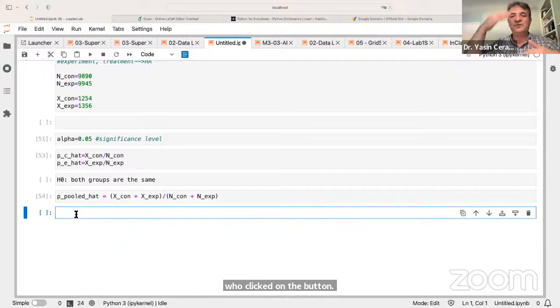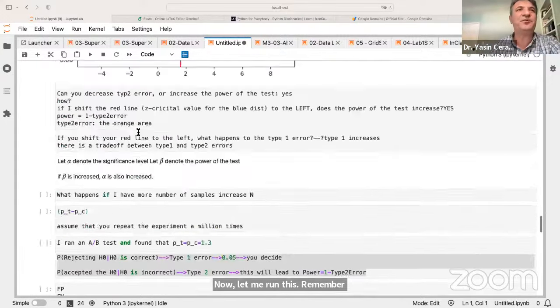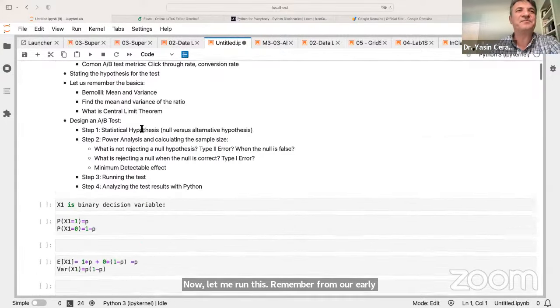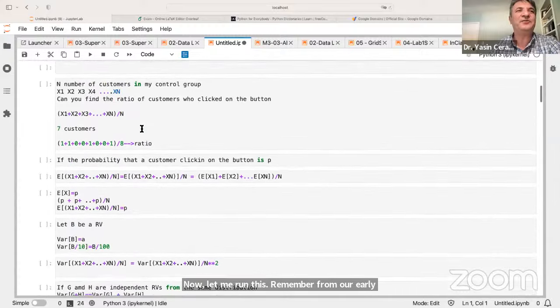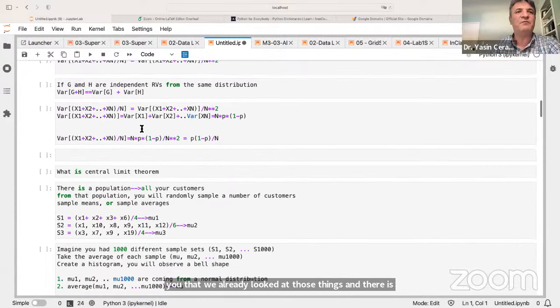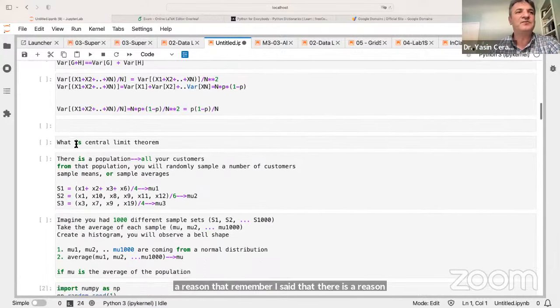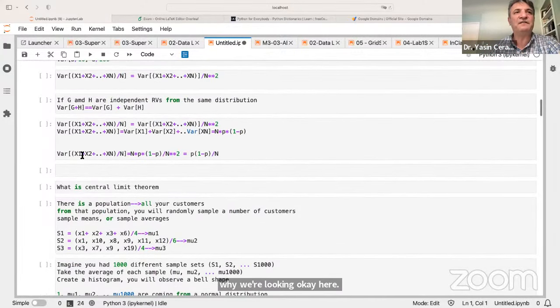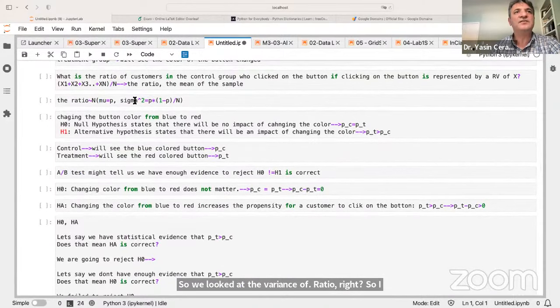Remember from our early discussions, let me go all the way up to remind you that we already looked at the variance of a ratio. Yes, sigma squared is p times 1 minus p divided by n.